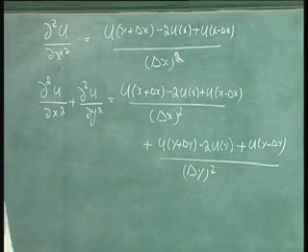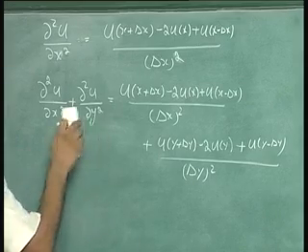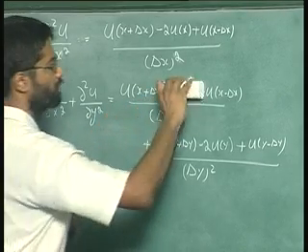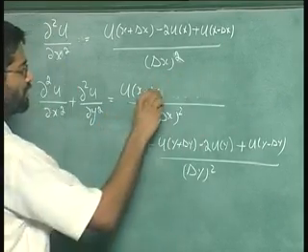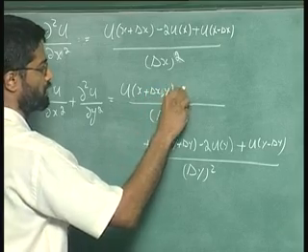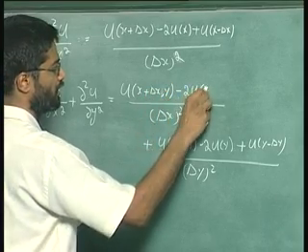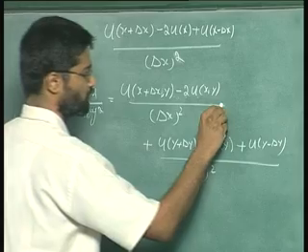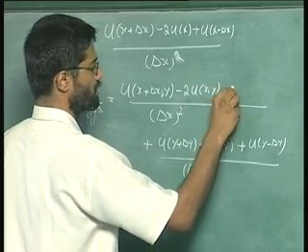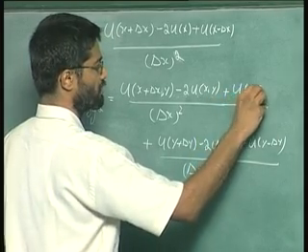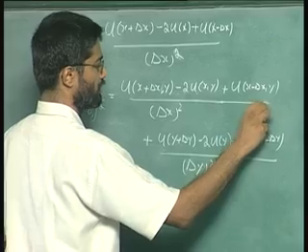So when we write this, we should actually write it as u(x plus delta x, y) minus 2u(x, y), that's evaluated at the constant y value, plus u(x minus delta x, y).